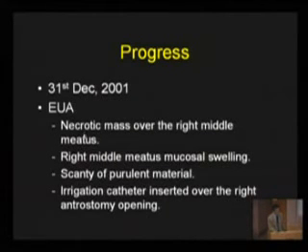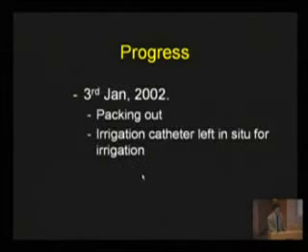At that time, the doctor who saw the patient decided to treat in a more conservative manner, with just intranasal antrostomy and washout of the sinus. We also took a biopsy from the right middle meatus, which later came back as, again, Aspergillus. So the diagnosis of fungal pansinusitis was made at that time, and a suction catheter was left in situ for irrigation.